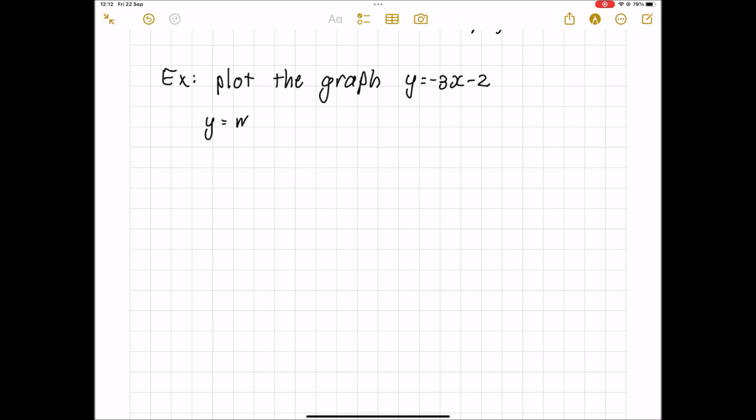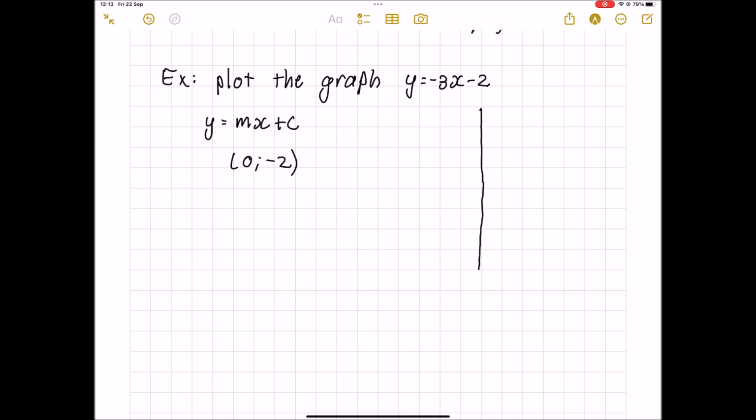So I'll write that down again. So you know it's a straight line graph. And if you look at it, you can see that c is negative 2. So just by inspection, you can already see that the y-intercept is going to be negative 2. So you know that 0 and negative 2 is going to be a coordinate on the axes.